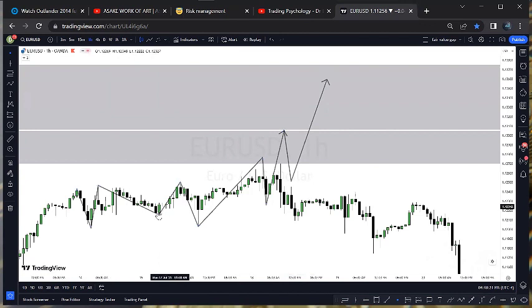This one was not respected. This low, they took out this low. This low was respected. What they did was they came, grabbed liquidity, and went off. They came here, took out this one, went off again, and gave us a higher high.